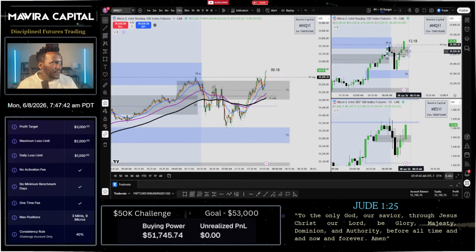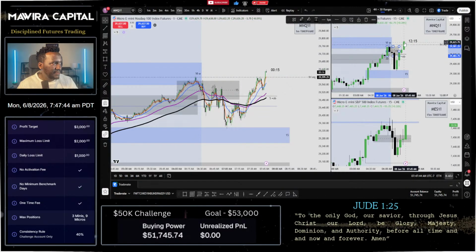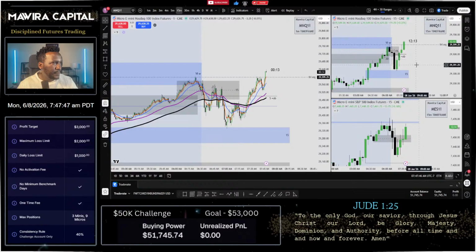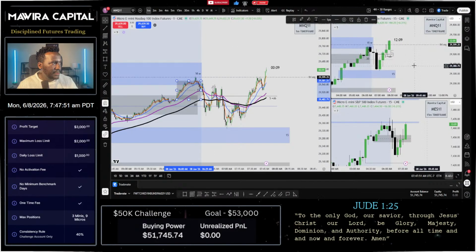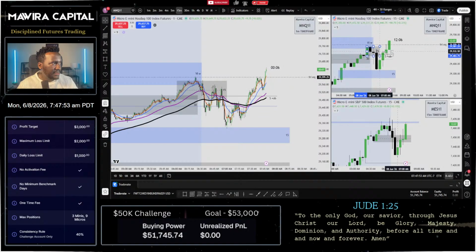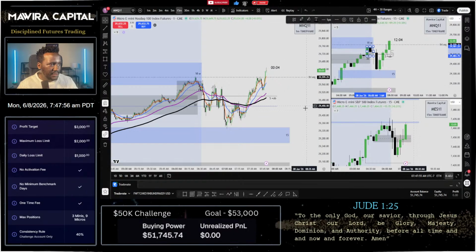So this zone is not yet confirmed. We'll have to wait for that 12-minute candle to close for me to consider it. Otherwise, it is a candidate that has not yet graduated.